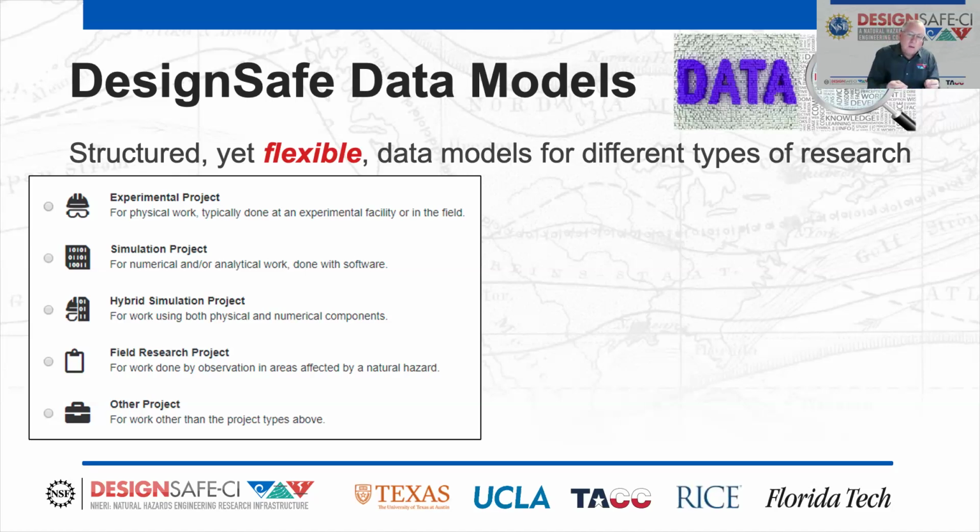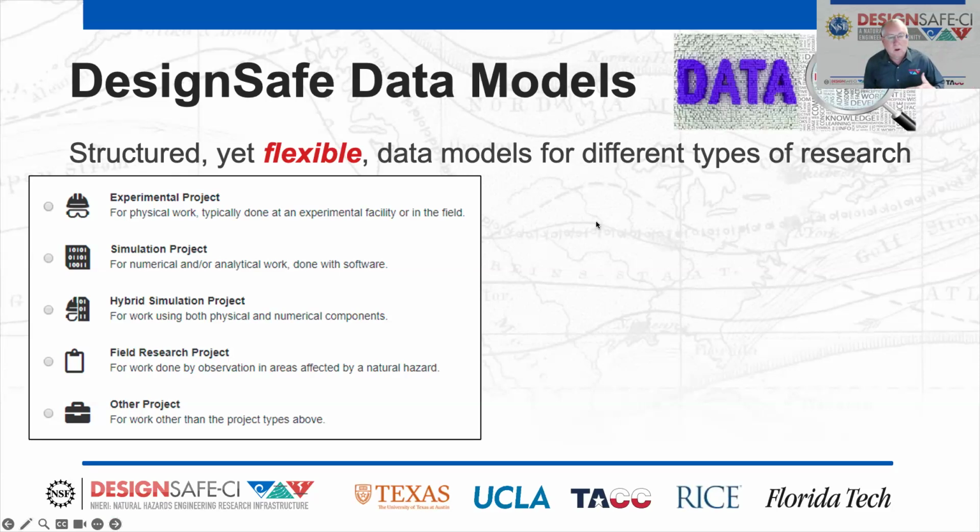And if your data set doesn't really match up with experimental, simulation, hybrid simulation, or field research models, we have a general one called Other. Sometimes it's just a very simple report on something that's the only file you want to publish. Other is a great way to publish that.